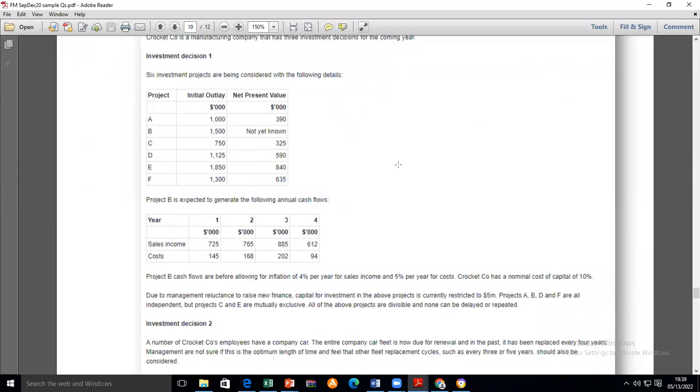Let's do a review, not of asset replacement, but of capital rationing. Tell me something. What did you learn about capital rationing? Let's start with what is capital rationing. I want somebody from the group to tell us, when does this problem of capital rationing arise?